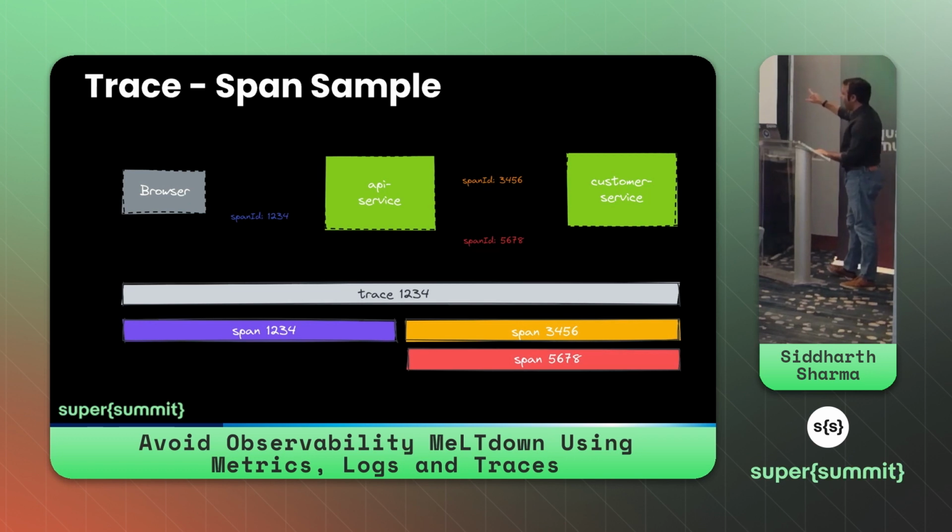Now the end-to-end request will have a unique ID. Let's call it the trace ID. So this end-to-end thing becomes your trace. Let's say it is 1, 2, 3, 4. And every operation between different microservices, or any operation within a microservice that can be logically divided into a span, will have its own span ID.